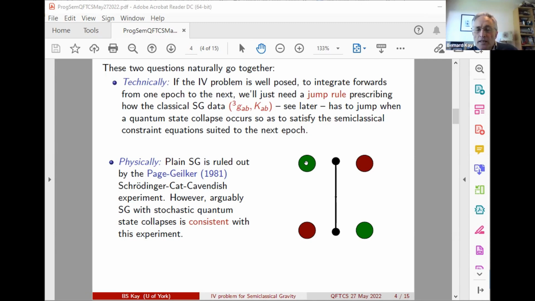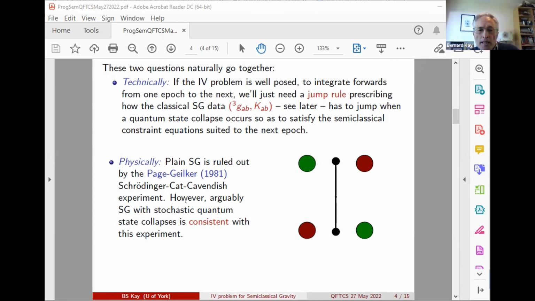Imagine they're in a Schrödinger-cat-like superposition of being in these green locations and in these maroon locations, and you ask yourself the question, how would these test masses attached to this torsion bar, how would this torsion bar twist in such an experiment? According to semiclassical gravity, the torsion bar would see a symmetric gravitational field, so it wouldn't twist. And that obviously is not what actually would happen in this experiment.